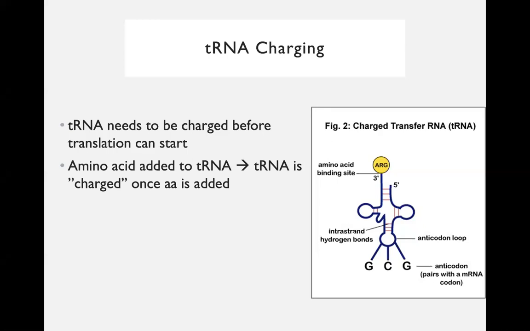So that's called charging the tRNA. Once an amino acid is added to this weirdly shaped tRNA molecule, it's charged and it's ready to go. It'll move towards the ribosome when it needs to. So that's kind of I guess a pre-translation process.